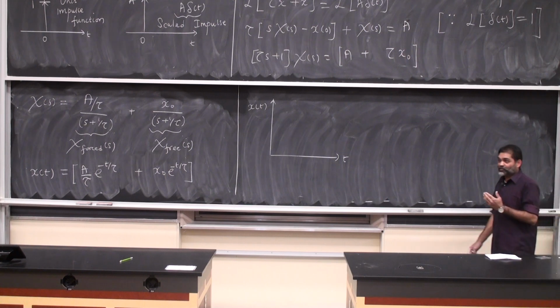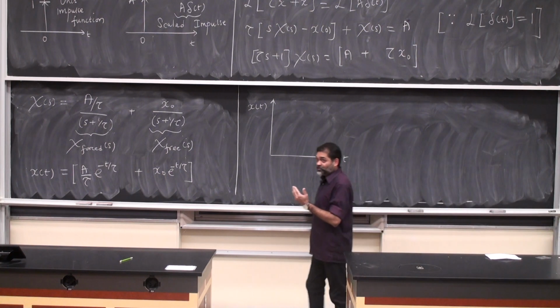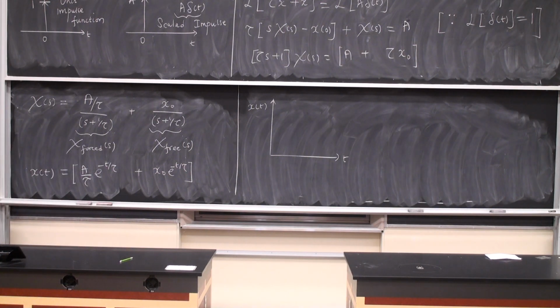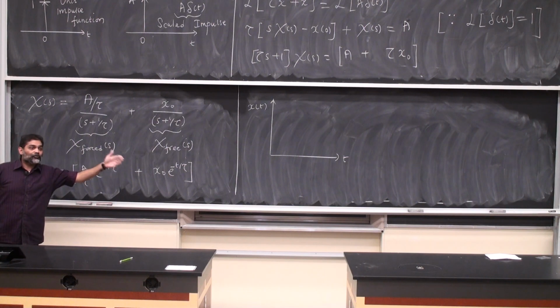Because when t is equal to 0, you see what my value is. It is not just x naught, it is x naught plus a divided by tau. So it ramps it up. And of course, what is it going to do at steady state? This is just going to decay and go back to 0.